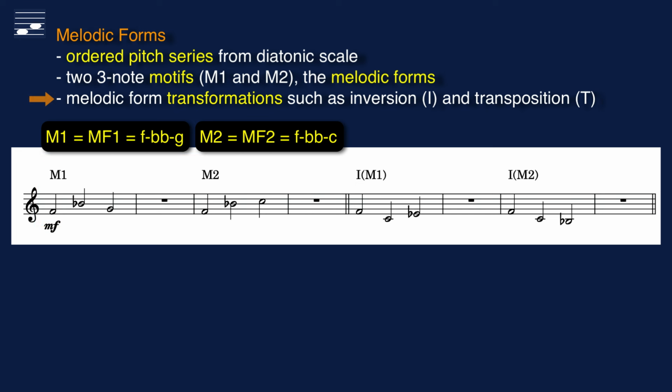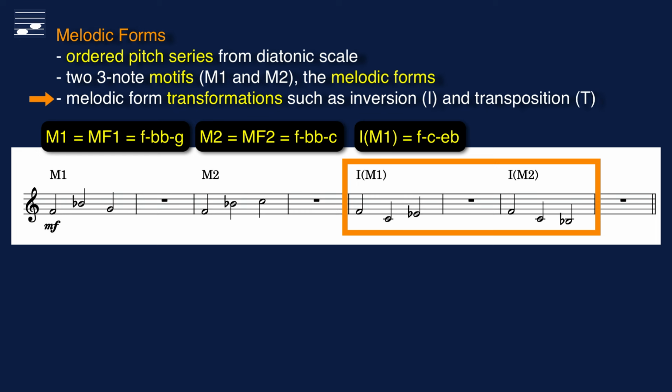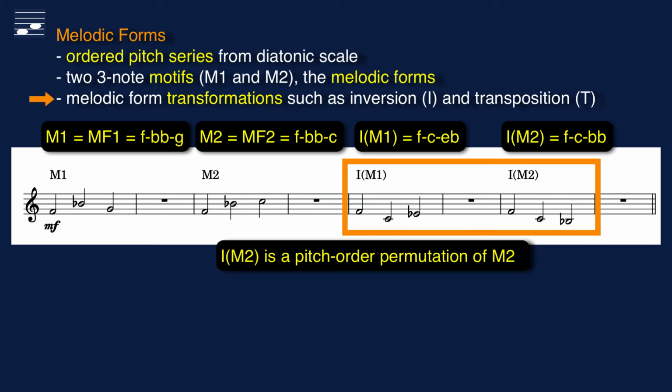We will apply transformations to these melodic forms. The example shows two cases of melodic inversion, mirroring the motifs about the pitch class axis F. Note that the inverted form of M2 is equivalent to a pitch order permutation of the original motif M2, since both contain the same 3 pitch classes F, B flat and C.